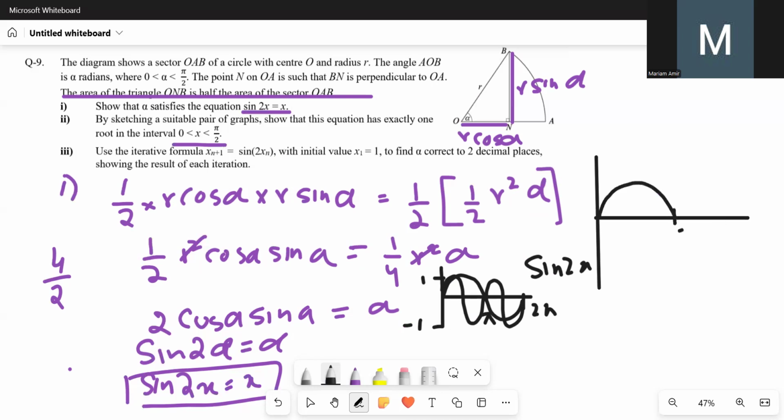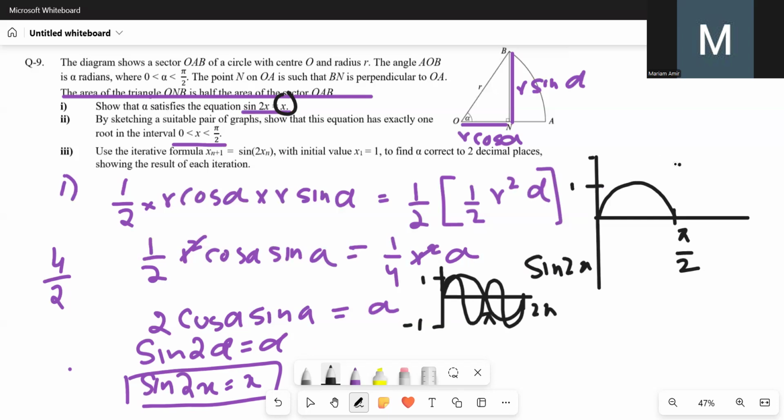This would be pi by 2. That's 1 here. Now on the same sketch, we have to draw the line y equals x. So let me see what is pi by 2. Pi by 2 is 1.57. So here's pi by 2, 1.57. This would be 2, and 1.57 would roughly be somewhere over here.